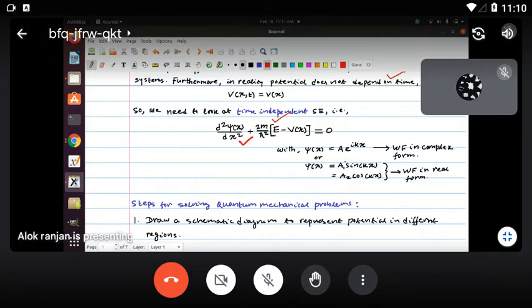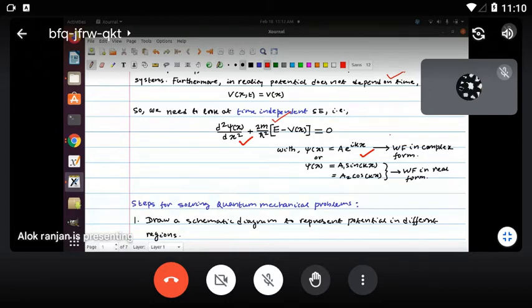When they are allowed, physically acceptable, they will be called eigenenergy. And what would be the wave function? A e to the power i kx, that we have already seen in the last class, or in real form either a1 sin kx or a2 cos kx, or the linear combination of a1 sin kx plus a2 cos kx.